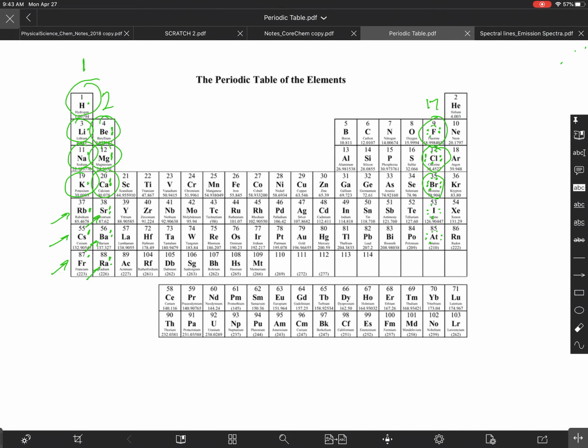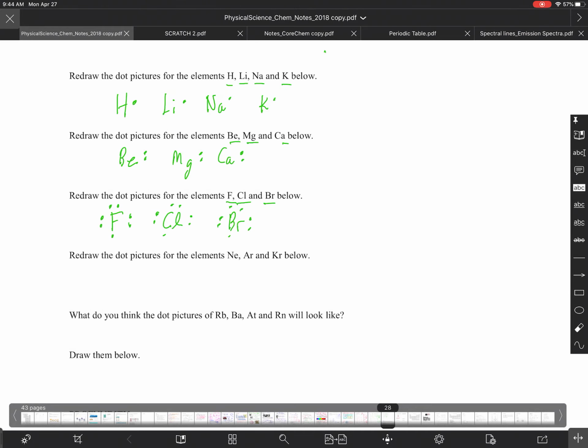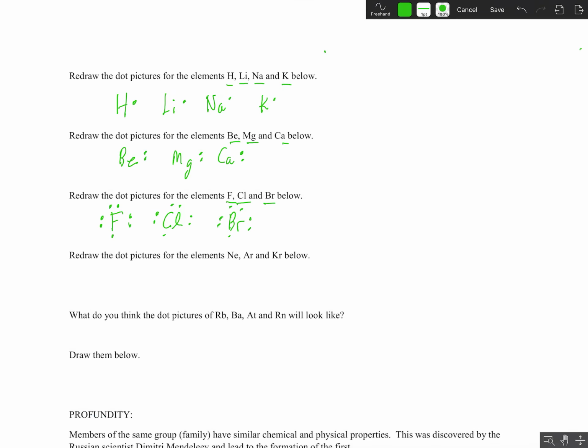All right, let's go back and look at our notes again. This time, let's look at neon, argon, and krypton. If you find their dot pictures, you'll notice that they all have 4 pairs of valence electrons, or 8 valence electrons. They all look just like that.